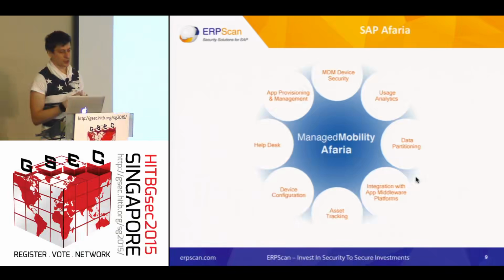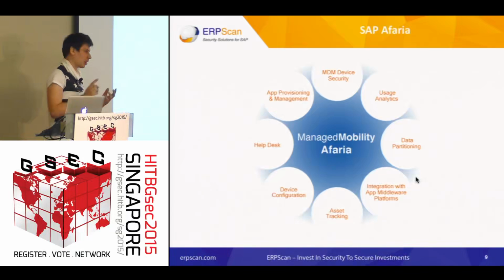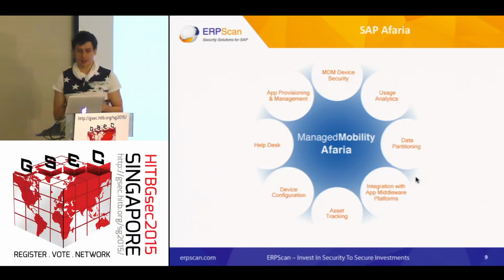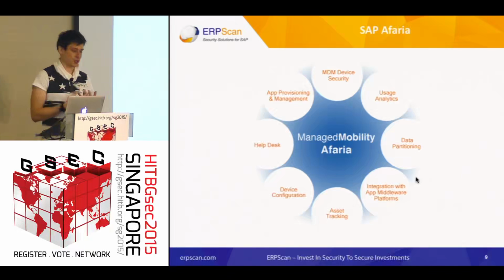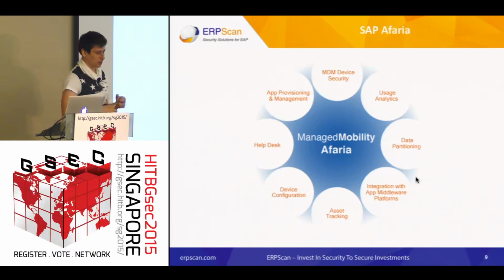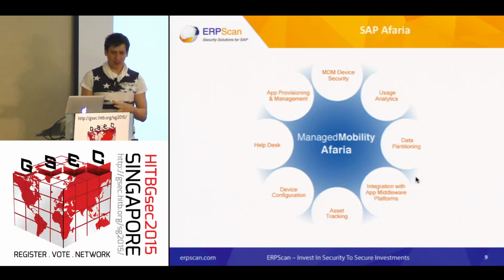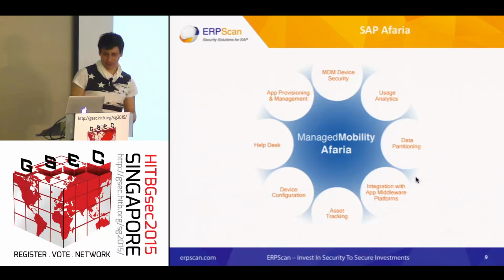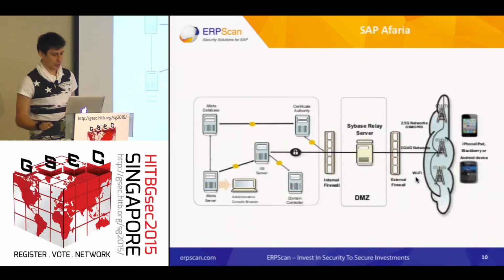Afaria allows getting all information about the user's phone and tablets, information about activities, about calls, about incoming messages. It allows applying different policies, just typical functionality.